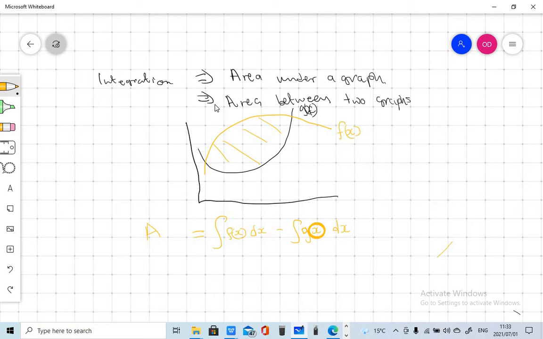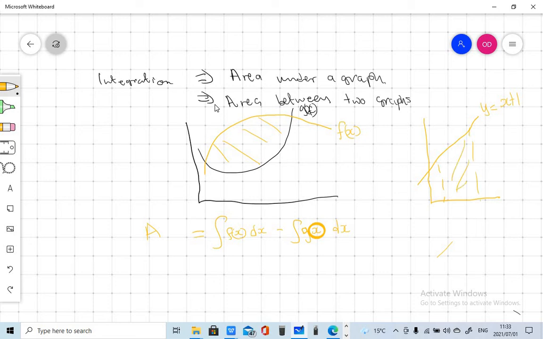Now, if you are looking for an area under a graph, for instance, you're given a graph of y equal to x plus 1, and you're looking for the area from this point to that point.